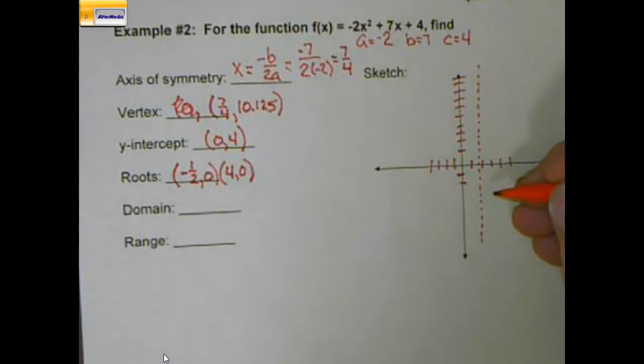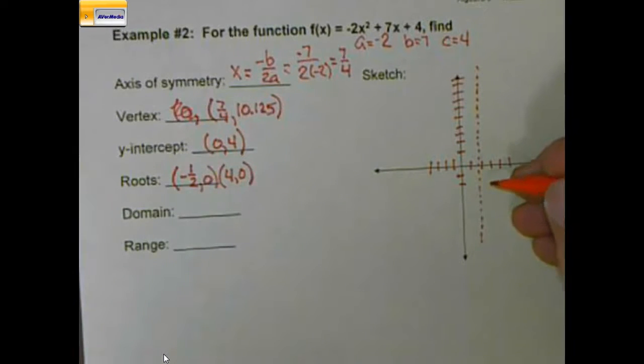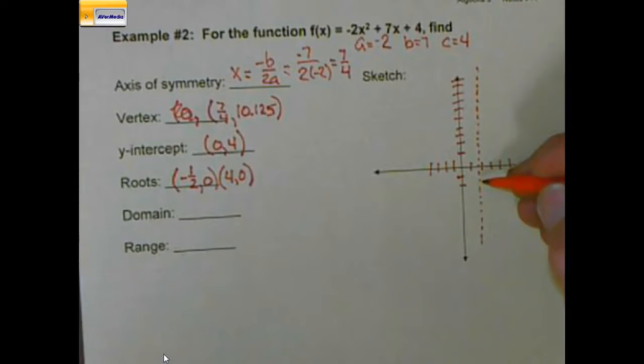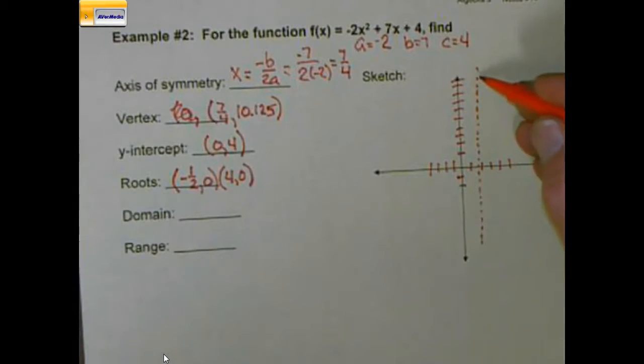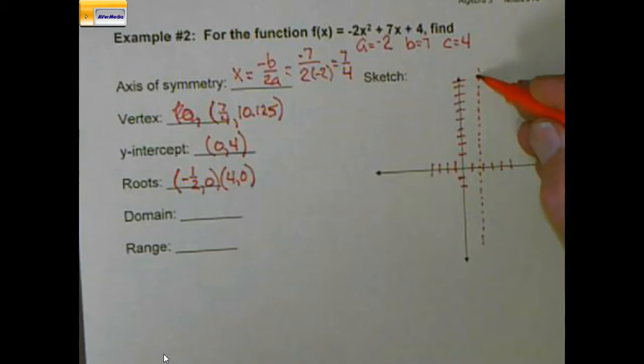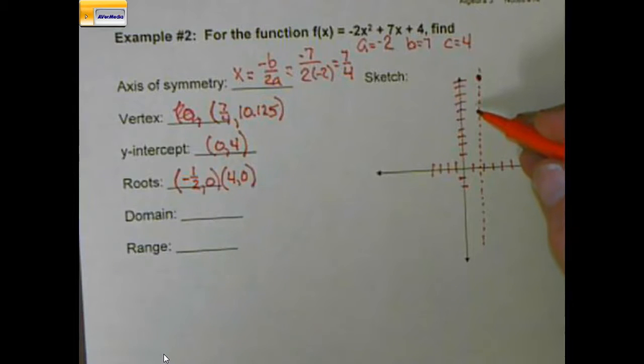Now that we have that, we know that our vertex is along the axis of symmetry, and it's at 10 and 1/8. Well, here's 10. We're going to go up a little bit above that. There's 10 and 1/8. We know our y-intercept is at (0, 4), 1, 2, 3, 4. We know our y-intercept is there.